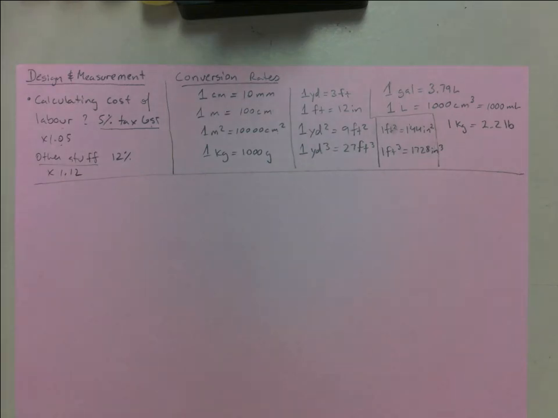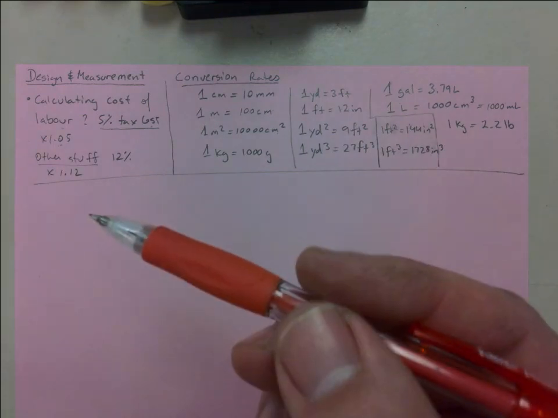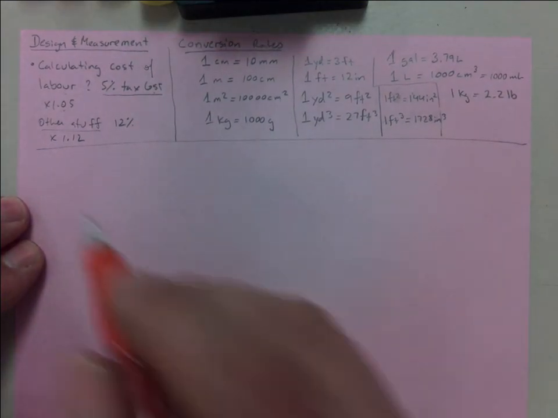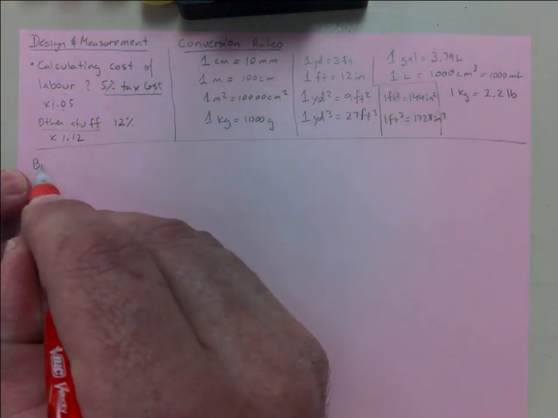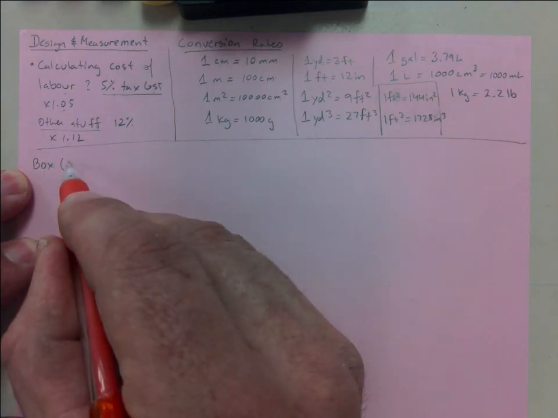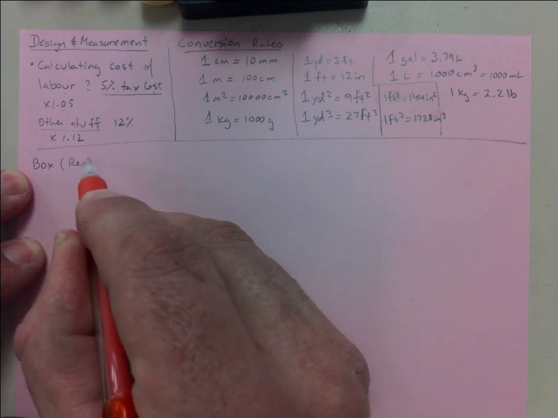Okay, now formulas. Okay, so we have our basic shapes. The thing is that a lot of the basic shapes, we're going to sometimes carve things out or drill holes through it and whatnot. So you got to be comfortable with that. So I'm just going to call this a box or a rectangular prism, right?